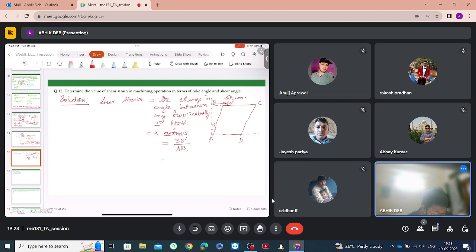That is, in terms of deformation, this is the shear deformation divided by this length AB, which is the thickness between the planes.